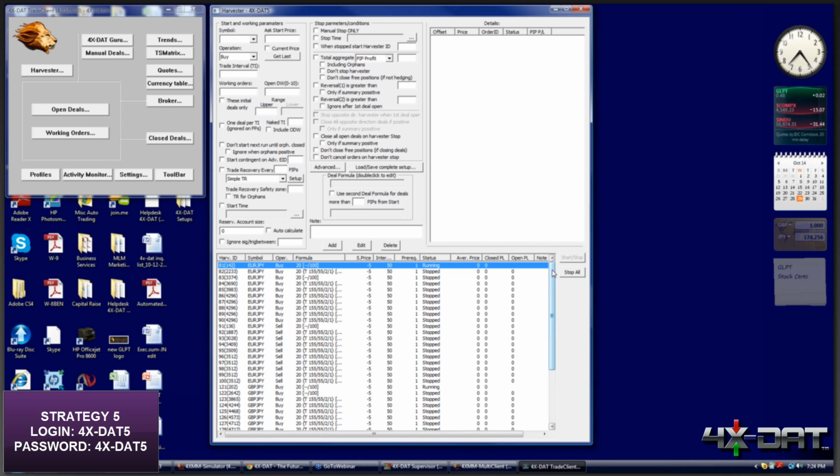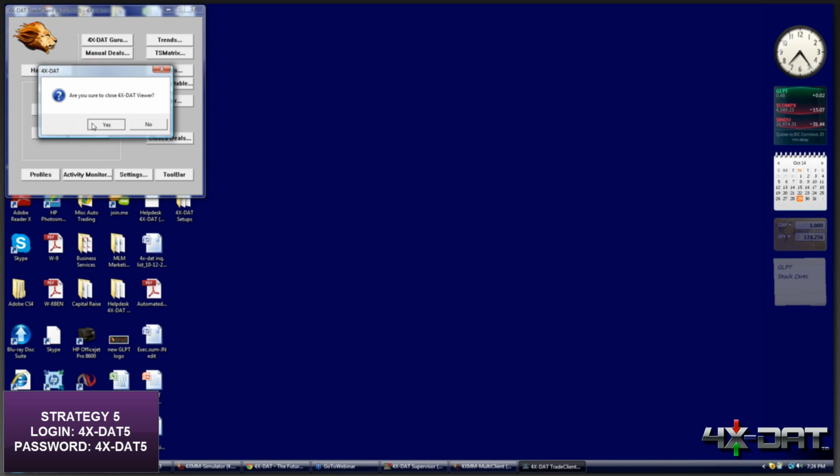Even if the market doesn't cooperate, the software, because of the algorithms it has going for it, has the ability to work out of any hole that the market will create for it. So that's your number 5.